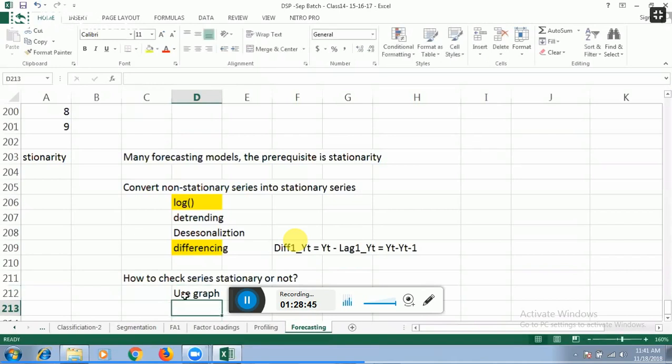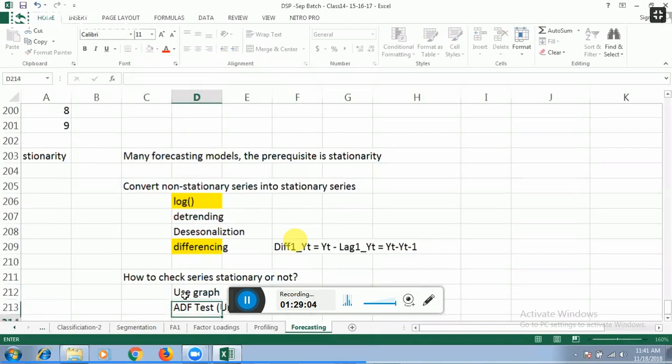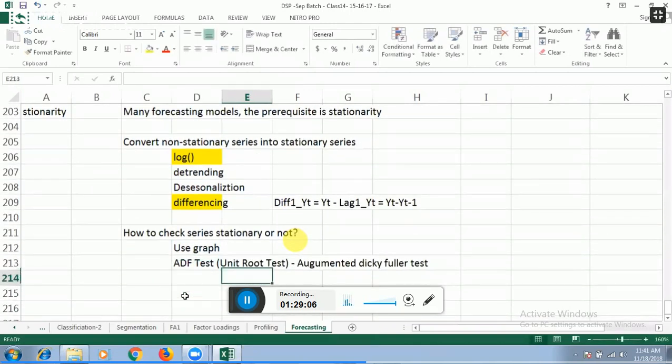The other one is a test called the ADF test. This is also called a unit root test, or the augmented Dickey-Fuller test. In this case, my null hypothesis is the series is not stationary, and the alternate hypothesis is the series is stationary.